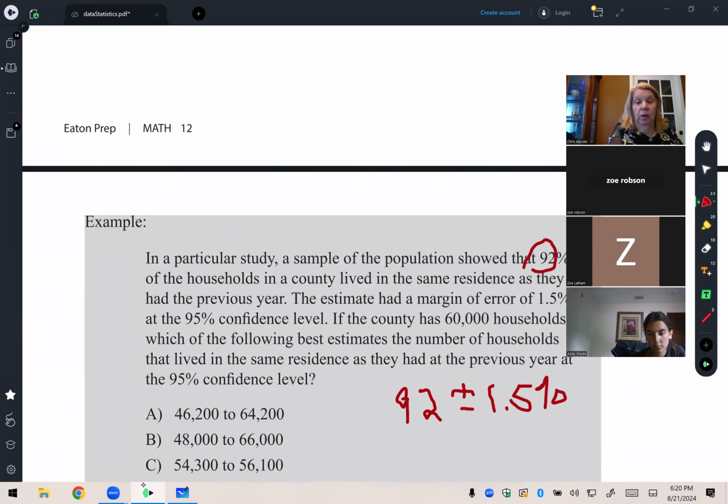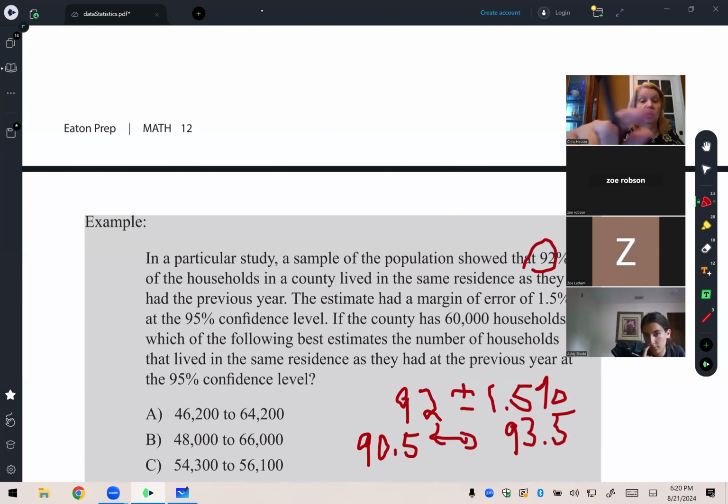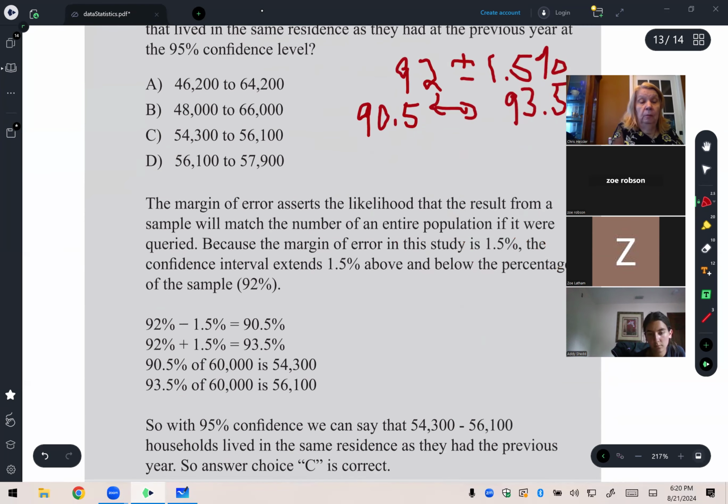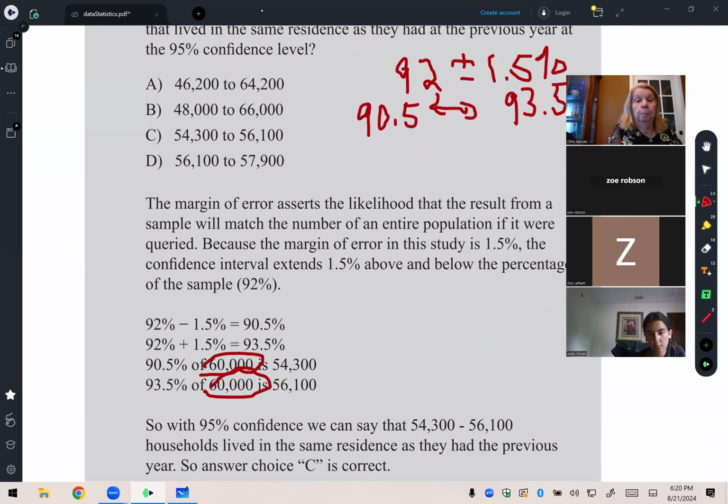So we subtract the 1.5, and that would be 90.5, and then we add 1.5, 93.5. Then you can see down here, we just multiplied these by 60,000. And so answer choice C is the best option, because we're going from 54,000 all the way up to 56,100.